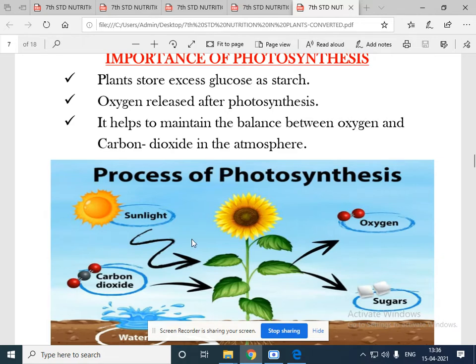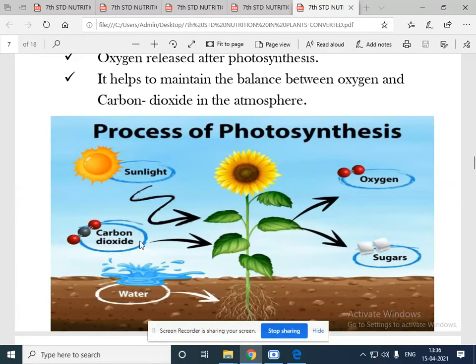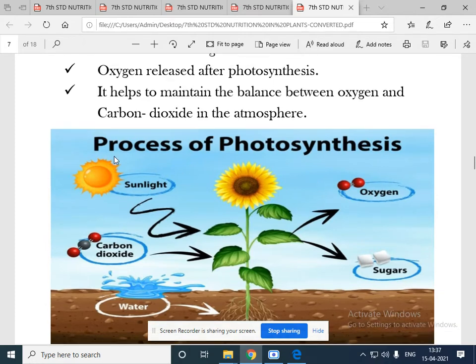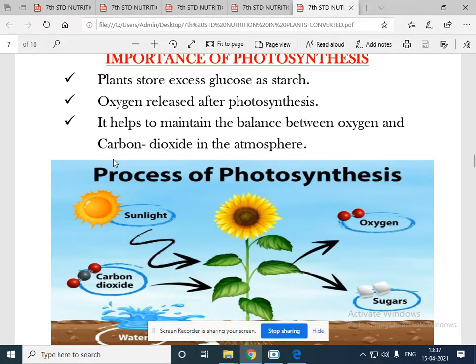Plants use carbon dioxide from the air, and during photosynthesis they release oxygen, which is very important for the breathing of all human beings. They take in carbon dioxide and give out oxygen, right? So these are the main importance of photosynthesis.